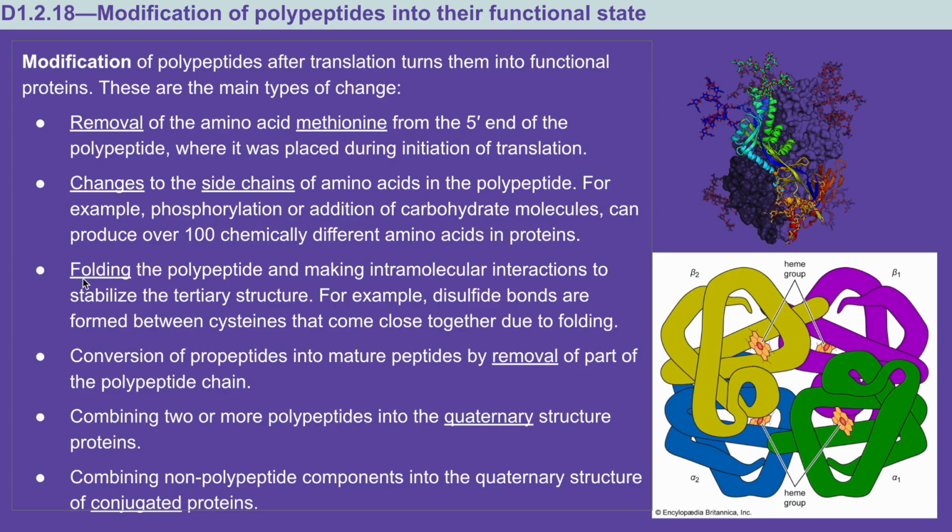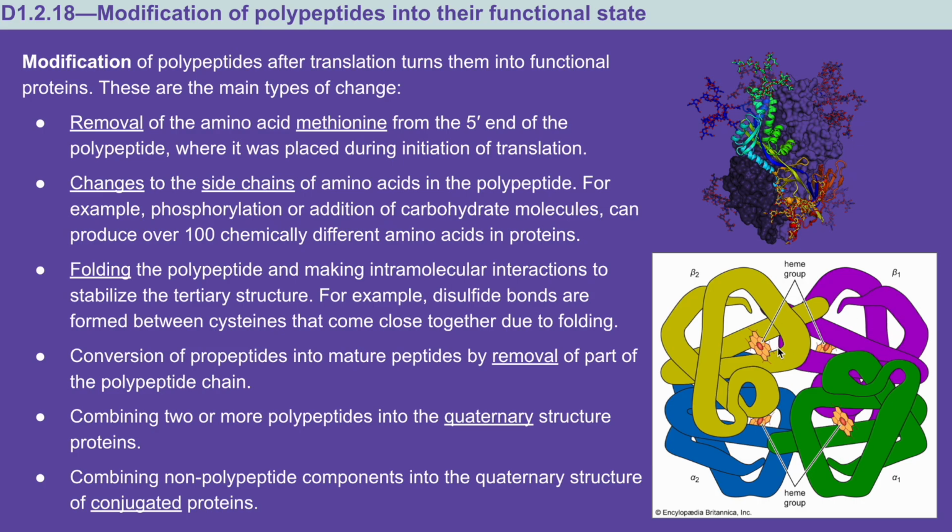Folding of the polypeptide can occur, making intramolecular interactions to stabilize that tertiary 3D structure. For example, disulfide bonds are formed between cysteines that come close together due to folding. We can convert propeptides into mature peptides by removal of a part of the polypeptide chain. 2 or more polypeptides can be combined into quaternary structure.